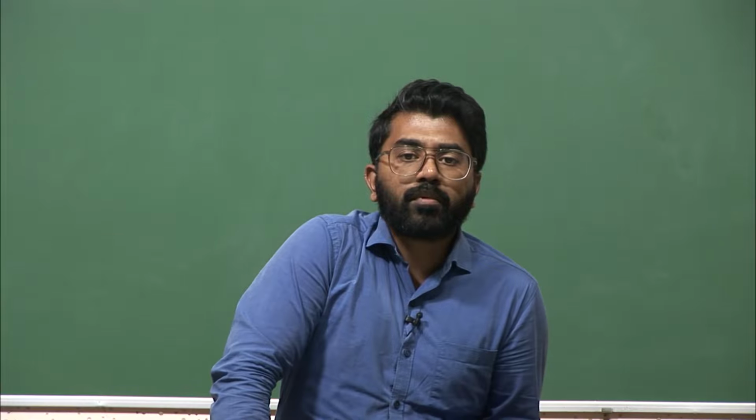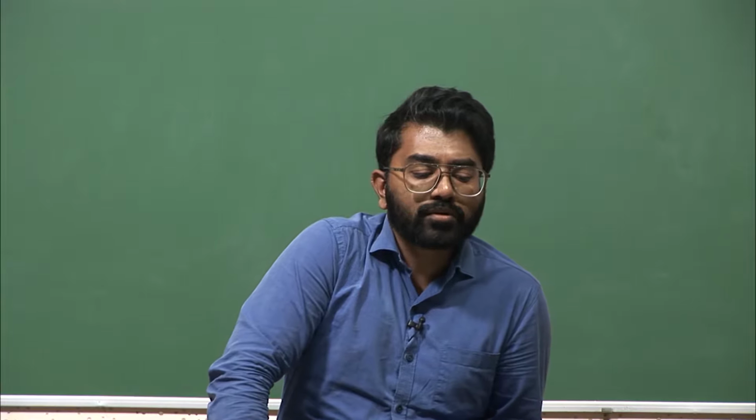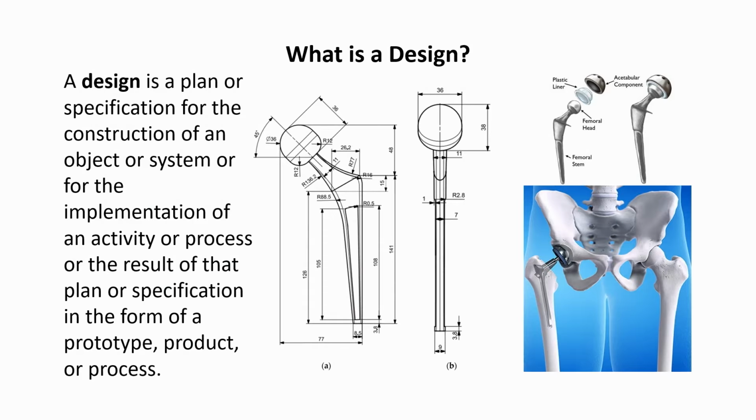All right, so before we jump into the tools, let us talk about what is a design, right? So design, as per definition, is a plan or specification for the construction of an object or system for the implementation of an activity or process, or the result of that plan or specification in the form of a prototype, product or process.